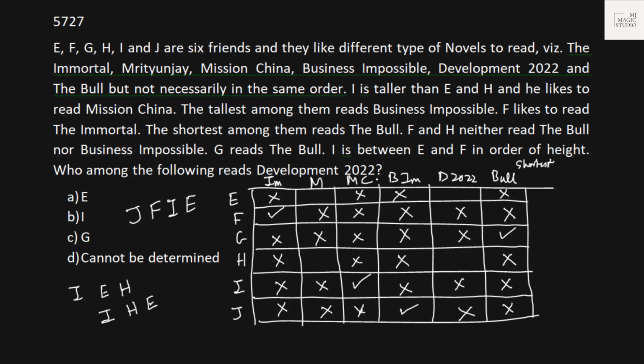Who is reading Development 2022 is undefined in this particular given data. I would go for cannot be determined. Please give us another solution if you have, but I think it cannot be determined who among the following is actually reading Development 2022.